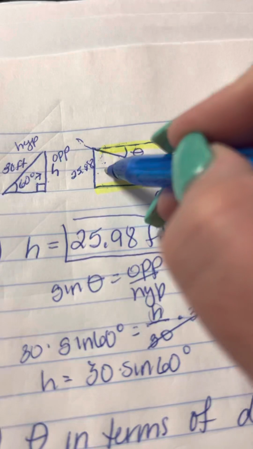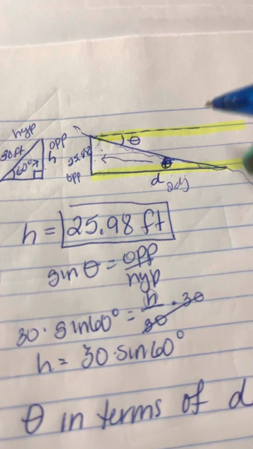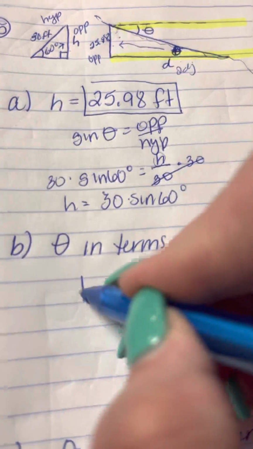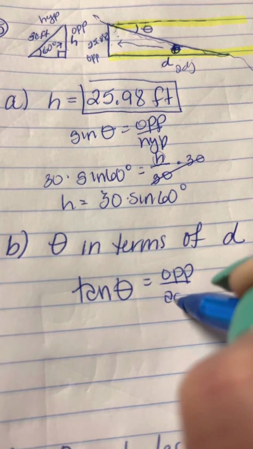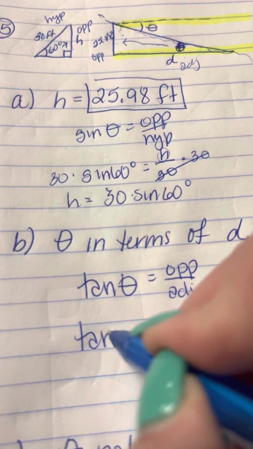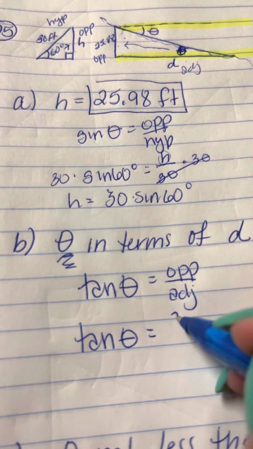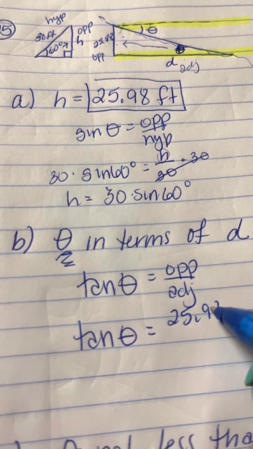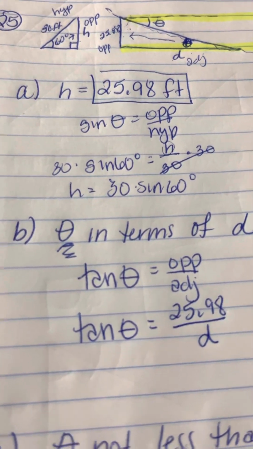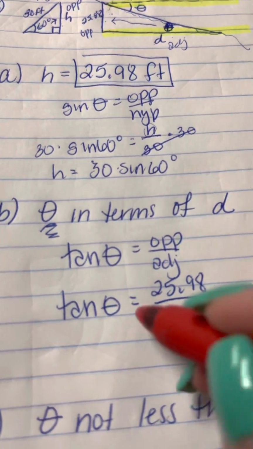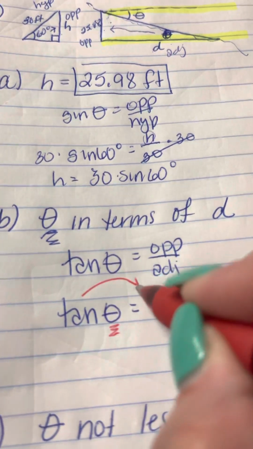So we have opposite is 25.98. Adjacent is D, so we're going to be using tangent of theta equals opposite over adjacent. They didn't tell us what theta is, but we are solving for theta. They told us that. Equals opposite 25.98 over D. So they want me to solve for theta, which means that if I want to get theta by itself, I have to take tangent and move it to the other side.